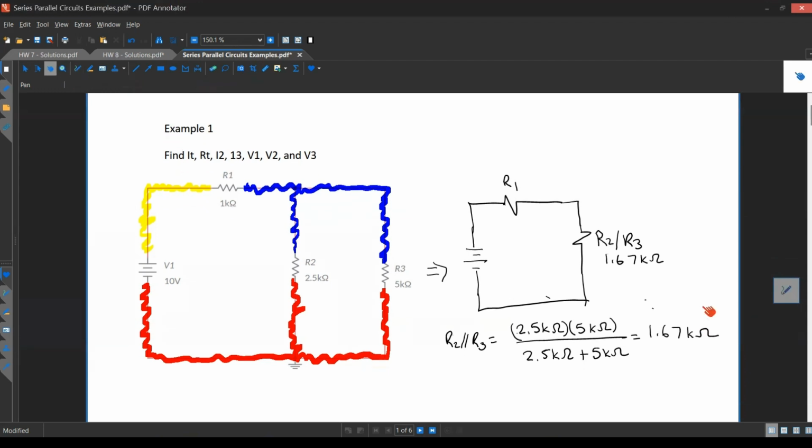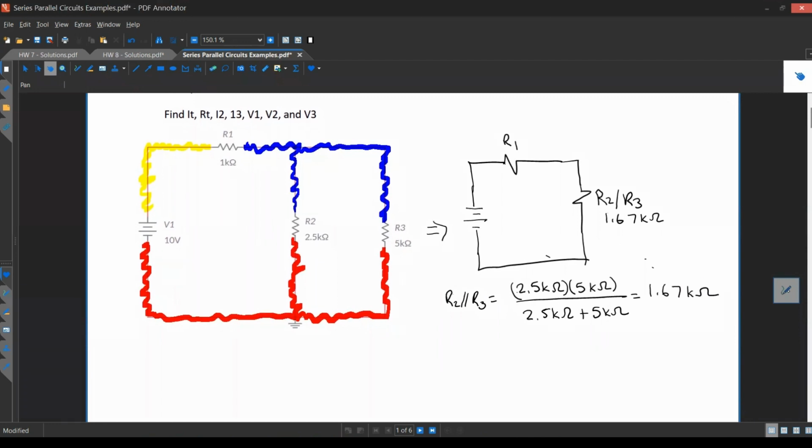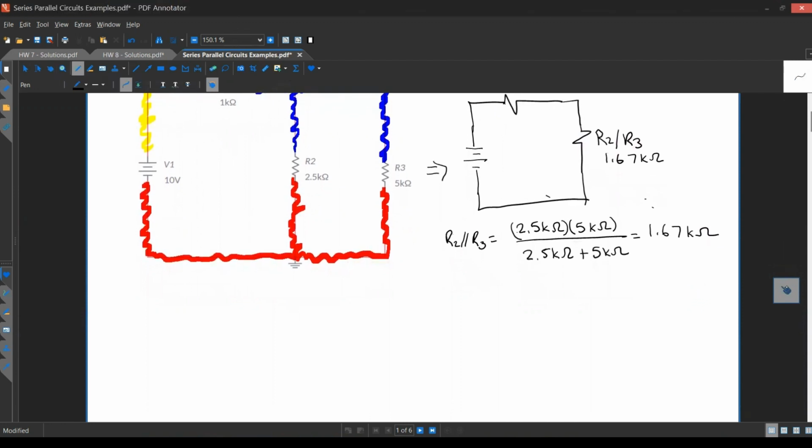Now, once you get to this point right here, you can easily see that R1 is in series with the parallel combination of R2 and R3. And so all we have to do at this point to find R total, let's say R total is equal to R1 plus the parallel combination of R2 and R3.